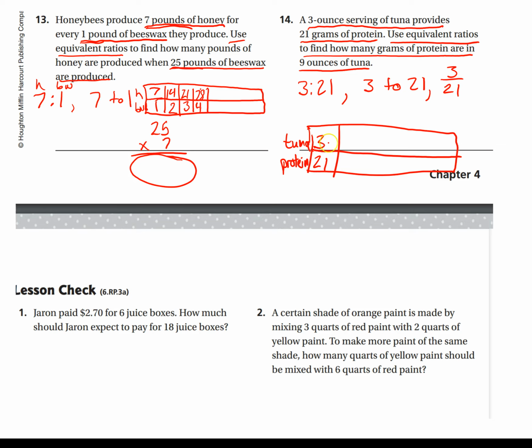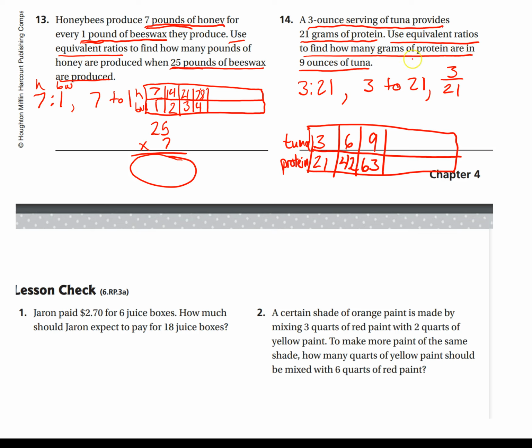So if I have 3 ounces of tuna, I get 21 grams of protein. If I did 6 ounces of tuna, I would get another 21, which is 42. If I did another 3 ounces, that would be 9 ounces of tuna, and then 21 more grams of protein, so that would be 63.